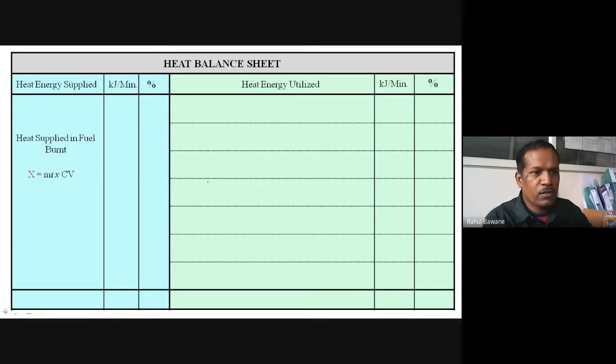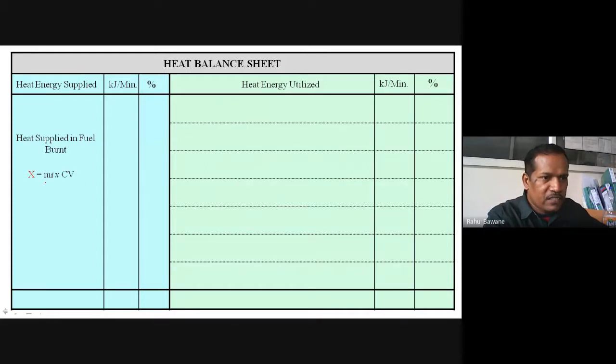This gives one particular amount of heat generated. Now here, if we put mass of fuel in kg per minute, our final unit will be kilojoule per minute. If mass of fuel is kept in kg per second, then our final unit will be kilojoule per second. Then we have to convert into kilojoule per minute.